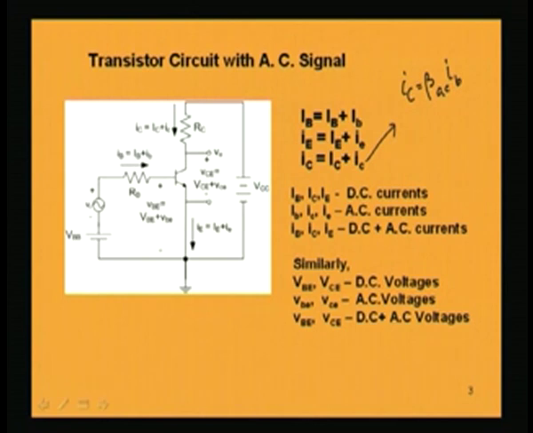AC beta value and DC beta value are almost the same in magnitude, only a little difference is there. And similarly, the small alpha for AC, that is alpha_AC and alpha_DC, these are also not very different in magnitude. So, for all practical purposes we can assume that beta and alpha have the same DC as well as AC values.